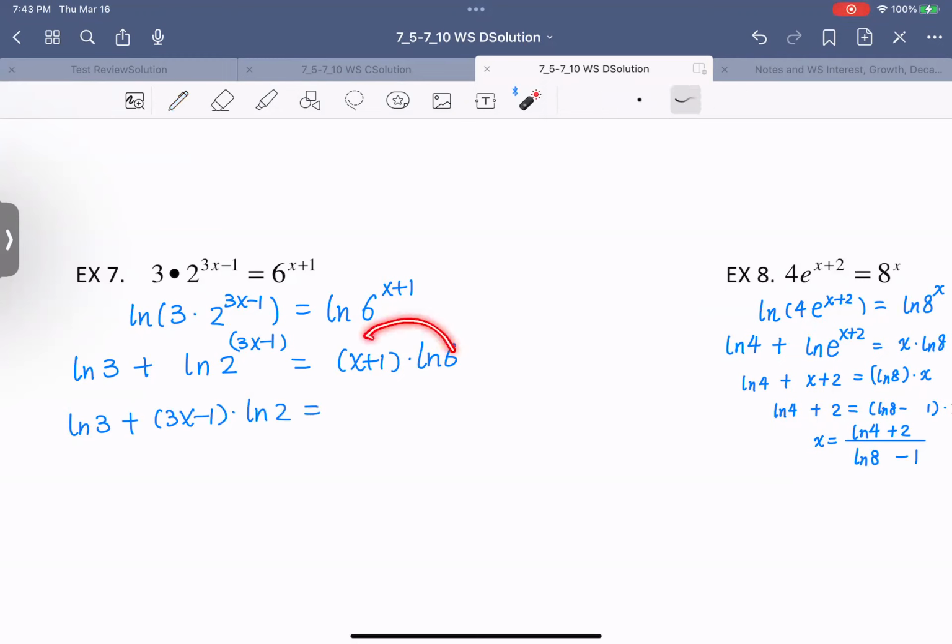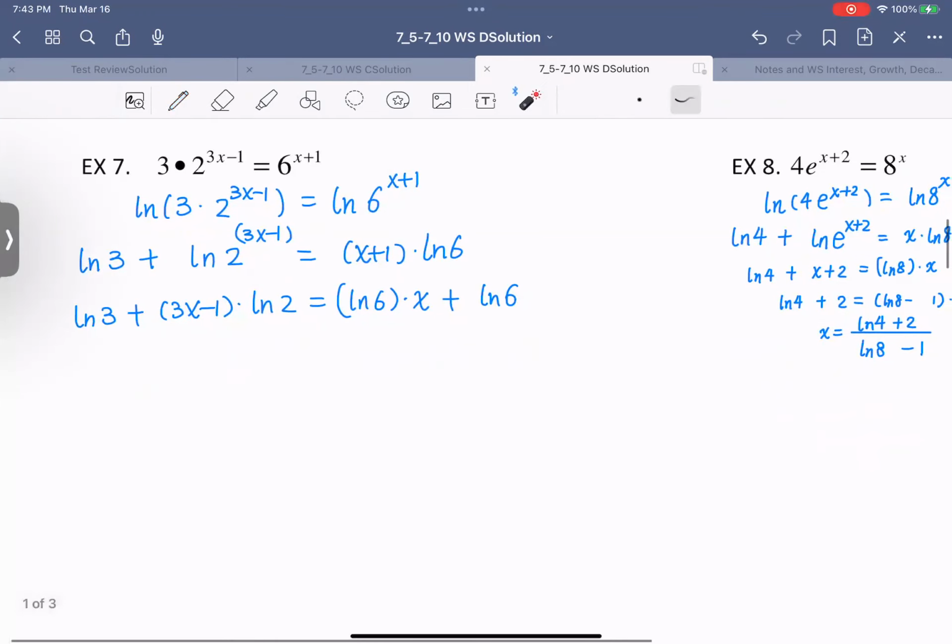And then you will distribute it out. So ln 6 times x plus ln 6. Then you do this thing also: ln 3 plus 3x times ln 2 minus ln 2.